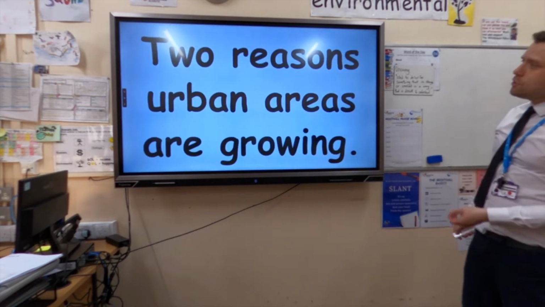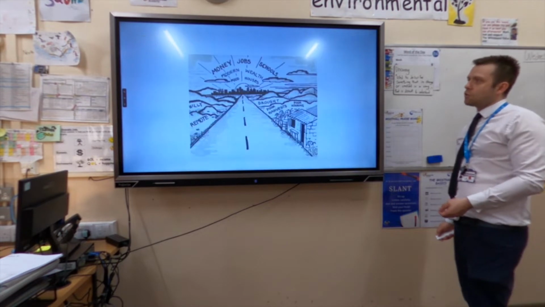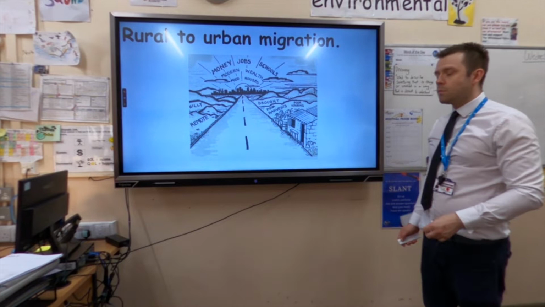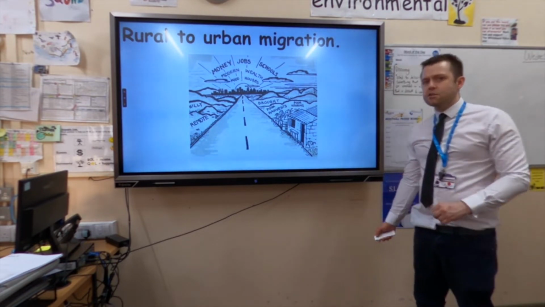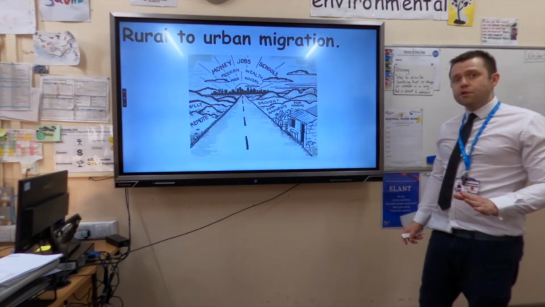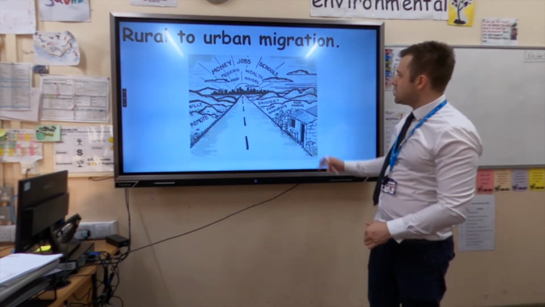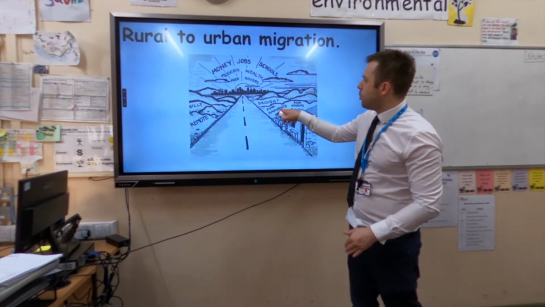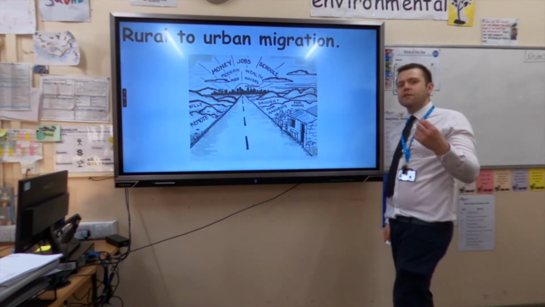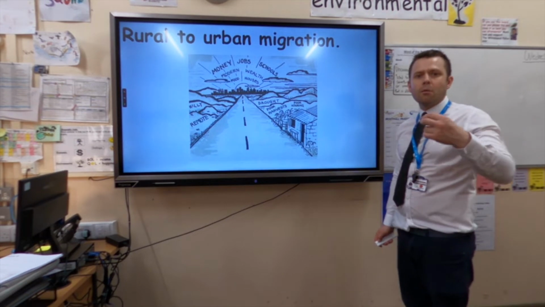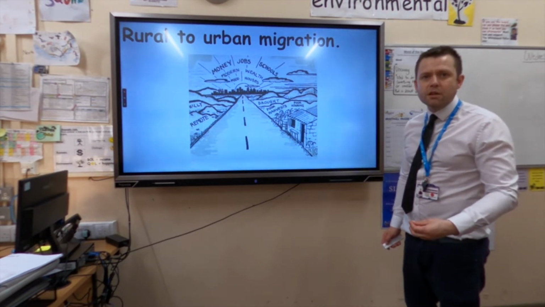Now, there are two main reasons urban areas are growing. The first one is rural to urban migration. There are two types of factors you need to be aware of. In the countryside, there are push factors. These are bad things such as poor housing, poor harvests, the fact that farming is generally hard work, no hospitals, and lack of education.